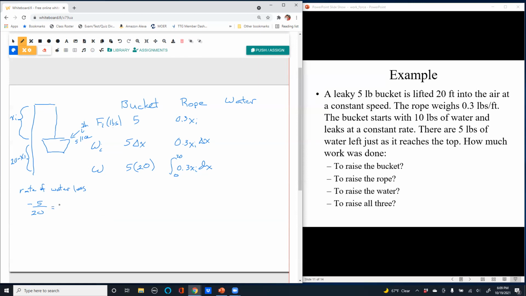Well, that means we are losing 1/4 pound per foot. Excuse me. This is basically that changing, similar to the density of the rope. That's that changing density of the water.